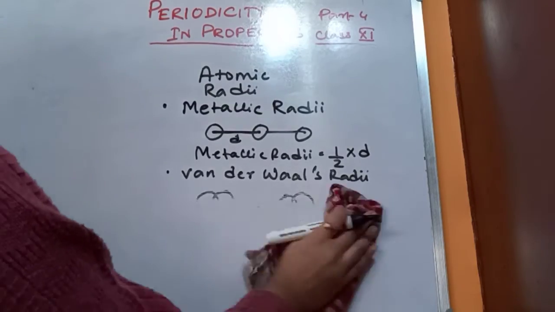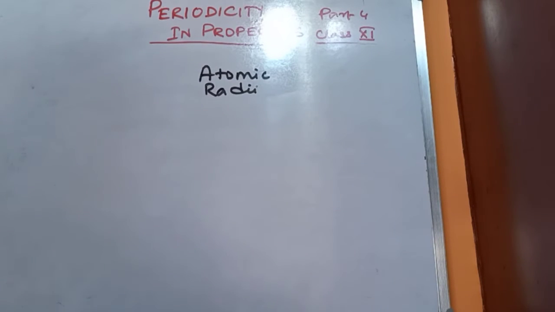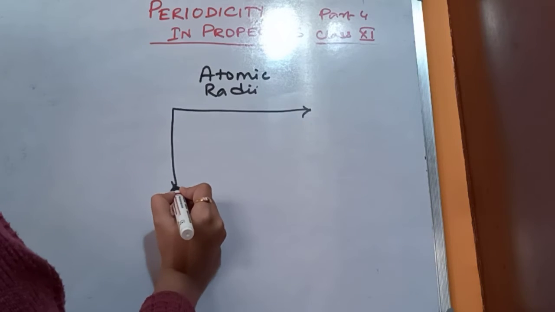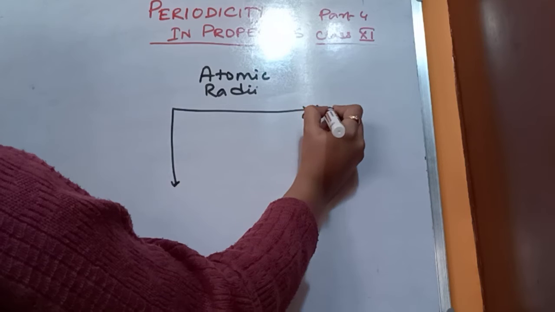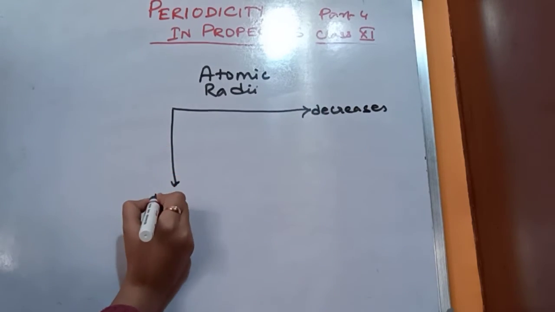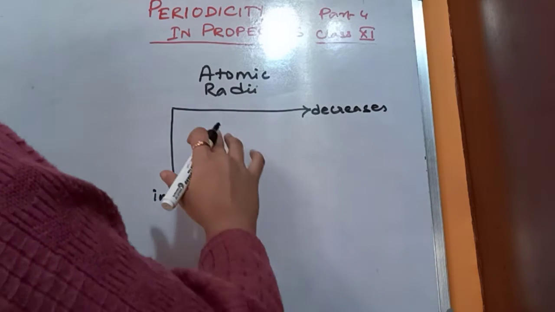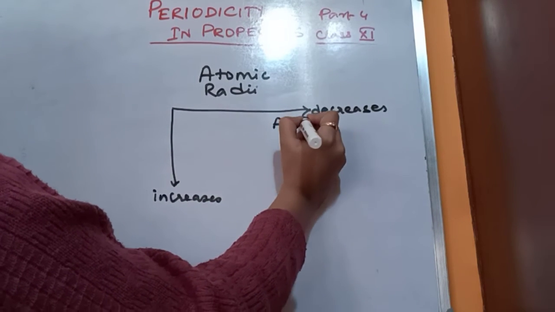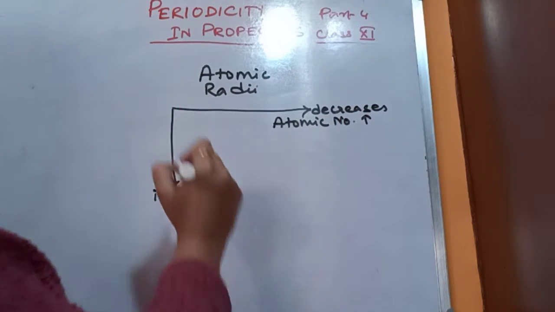So these are the 3 types of atomic radii. Now I will come to the trends of the atomic radii. We know that across a period, the atomic radii decreases, and down the group the atomic radii increases. Now why? Because across a period the atomic number increases.